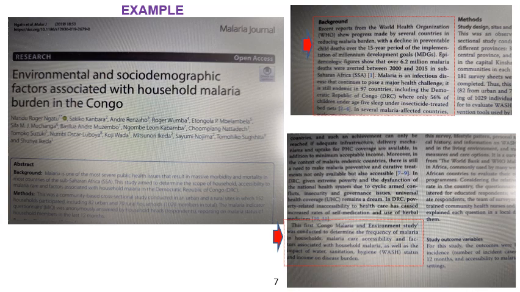So we provide first information on malaria from WHO, and we also have some epidemiological data that we provide at the beginning of the introduction section, and at the end of the introduction section you have the study purpose, the study aim. We aim to determine malaria incidence and associated factors, etc.